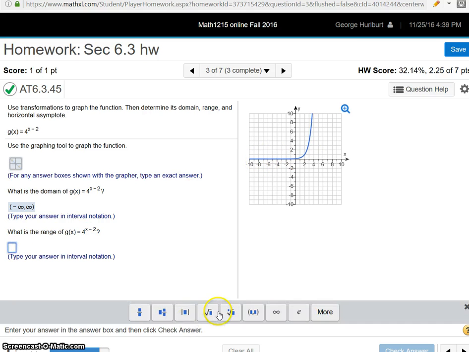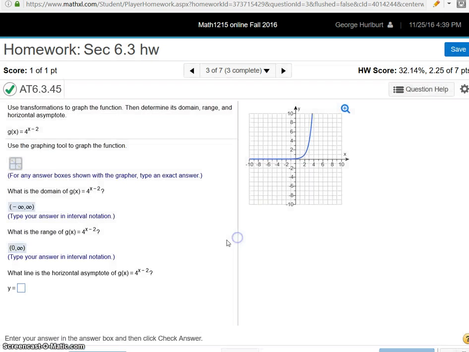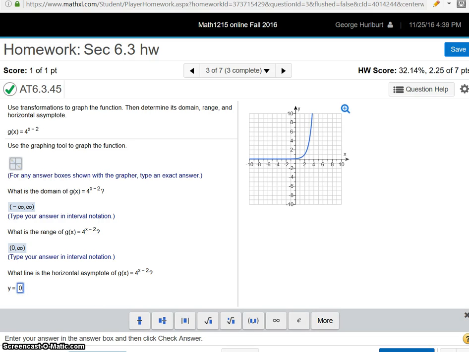So our range is going to be 0 to infinity. And then our horizontal asymptote, I already kind of said that, is getting really, really close to 0, so our horizontal asymptote is going to be 0.